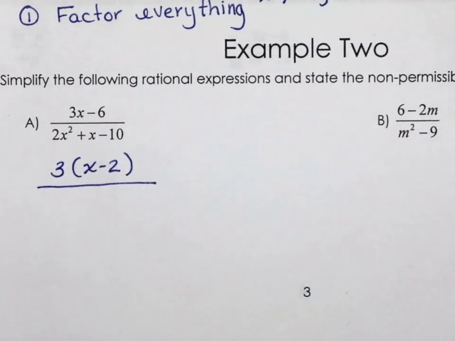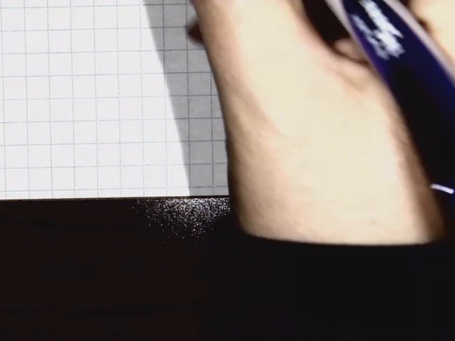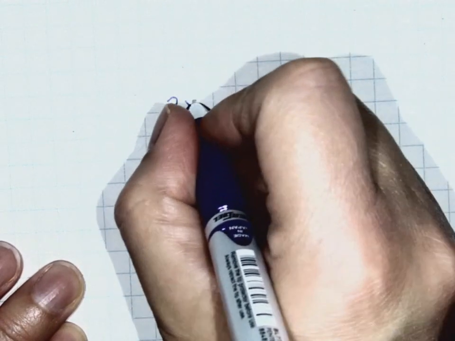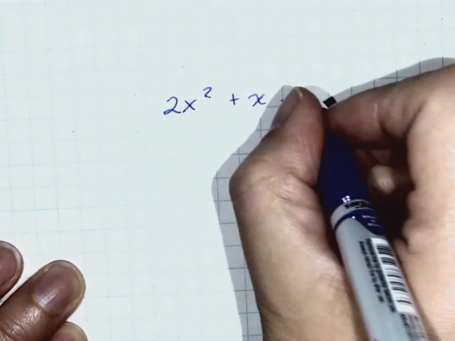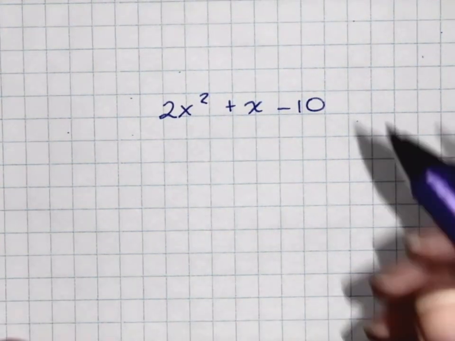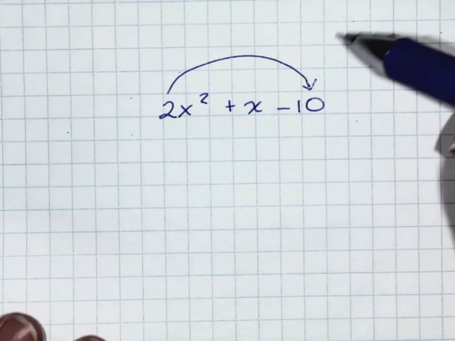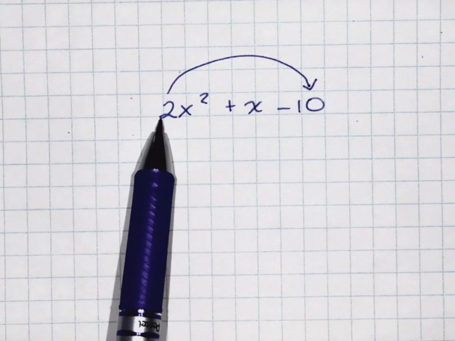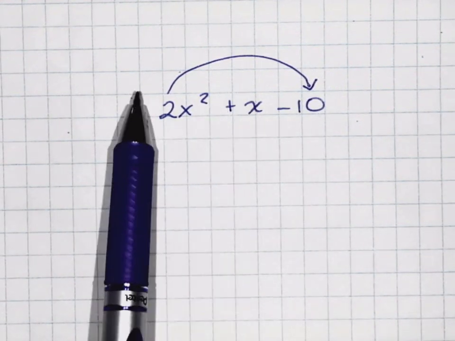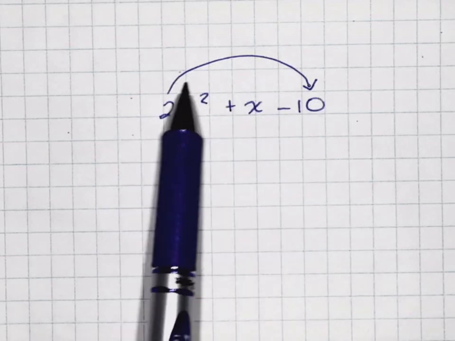And then on the denominator, that's complex factoring. I'm going to pop over to my scrap paper here. So I got 2x squared plus x minus 10. What do I do here? Take out 2? I can't take a 2, because if I take a 2, it can come out of 10 and it can come out of 2, but it can't come out of 1. So with complex factoring, I multiply those two.